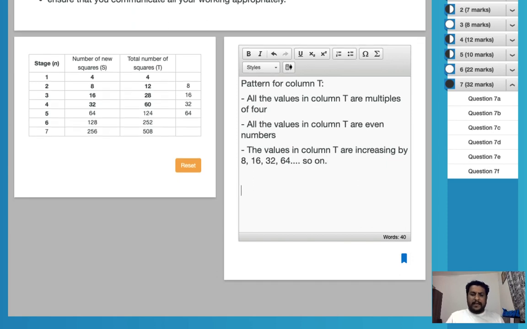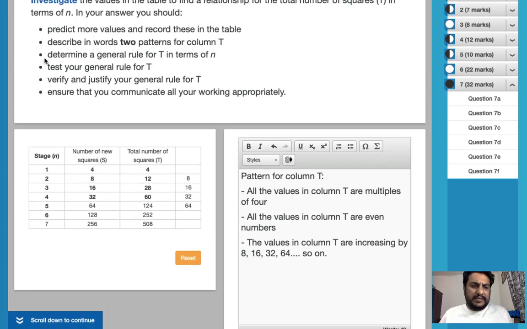Now the next part is to determine the general rule for T in terms of n. If you are familiar with the sum of a geometric sequence, the total number of squares is basically the sum of the terms in a geometric sequence.